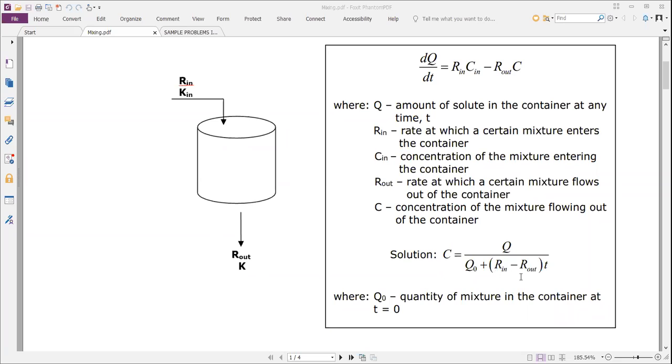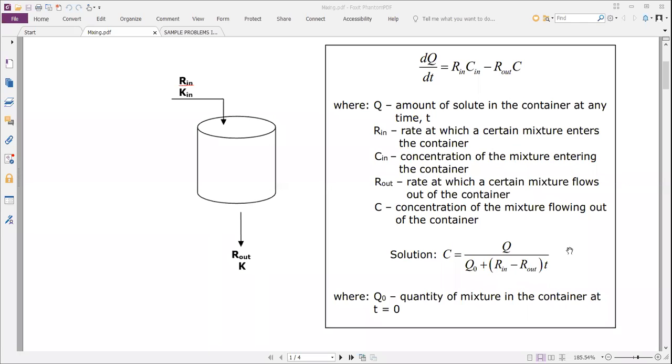Now, what is being added to the initial volume of the fluid inside the container? This is actually the difference of the rate of fluid coming in and the rate of fluid coming out multiplied by the time elapsed. Whatever the volumetric flow rate coming in, we subtract the volumetric flow rate coming out, and it will be multiplied by t.